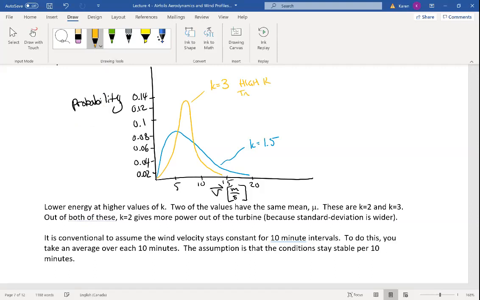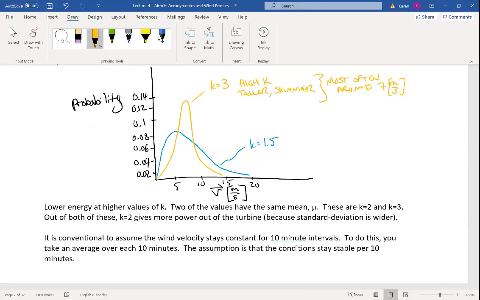It's taller, skinnier. What this is really telling me is that the wind is more predictable, right? Most often around 7 meters per second.